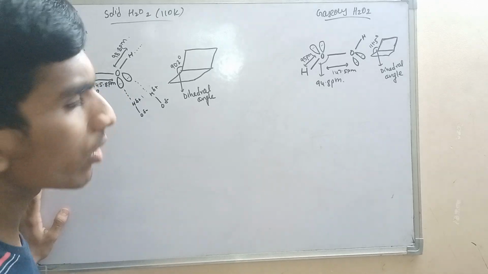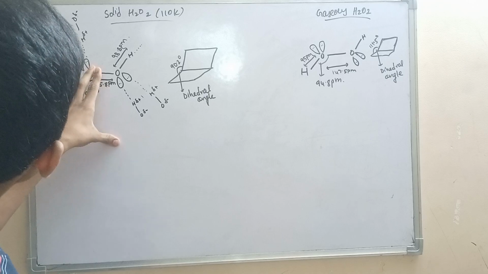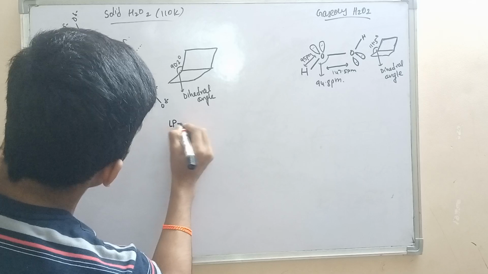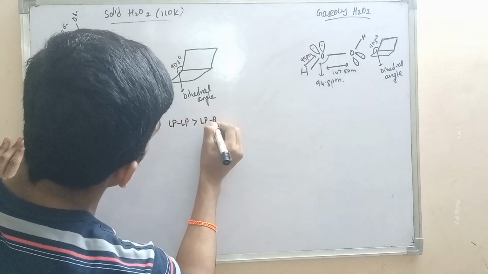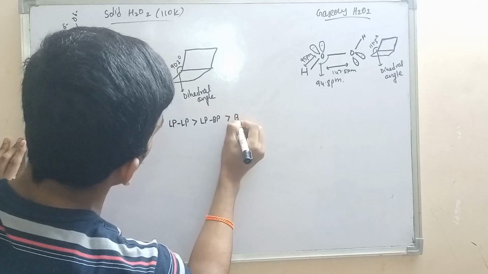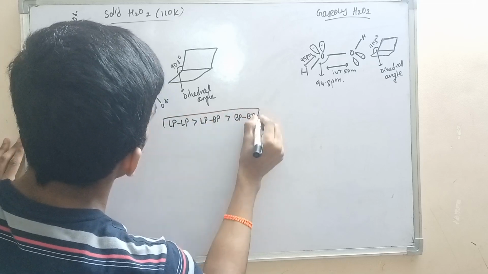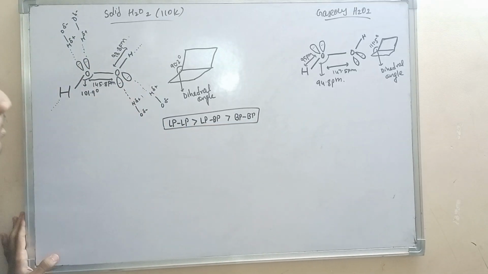First we discuss bond length. These are lone pairs, we know that. Lone pair-lone pair repulsion is greater than lone pair-bond pair repulsion.